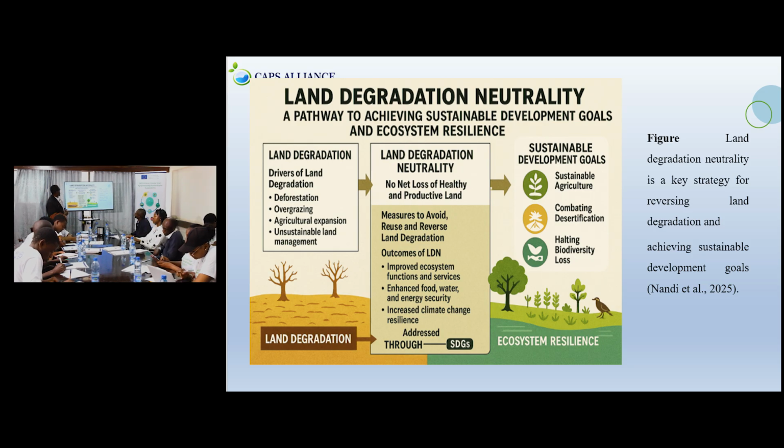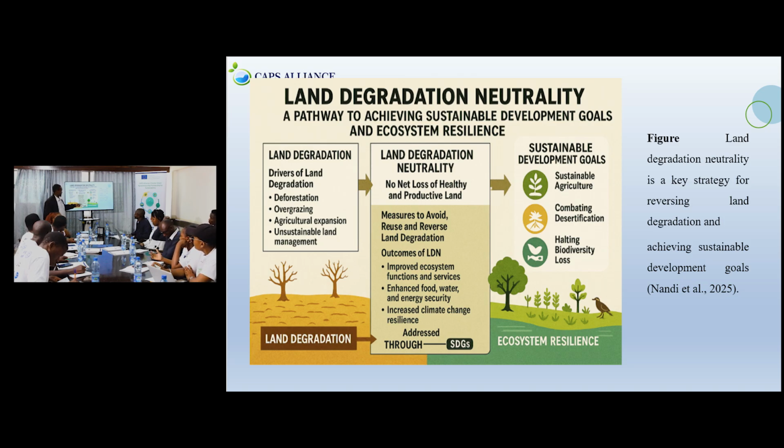Okay. So here, with land degradation, we have a lot of land degradation drivers. We have deforestation. These are just the obvious things: agricultural expansion, and unsustainable land management, and so forth. Just using your land without thinking, without better practices. And that's exactly where we have people who are not well trained. They need extension officers to visit them and also advise them on access to food, water, energy, and security.